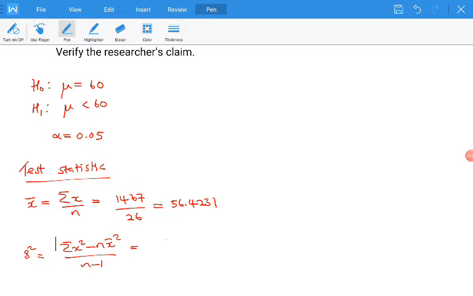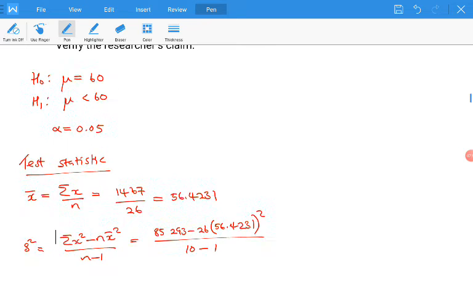So summation x squared gives us 85,293 minus n, which is 26, times 56.4231 squared, all over 26 minus 1.